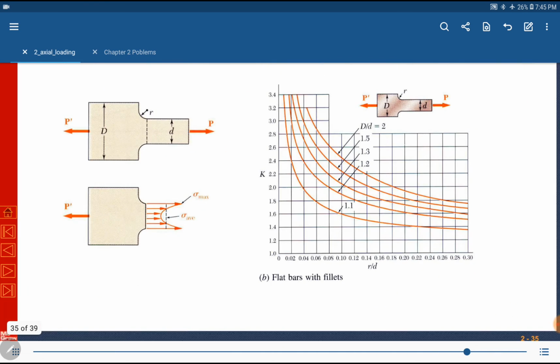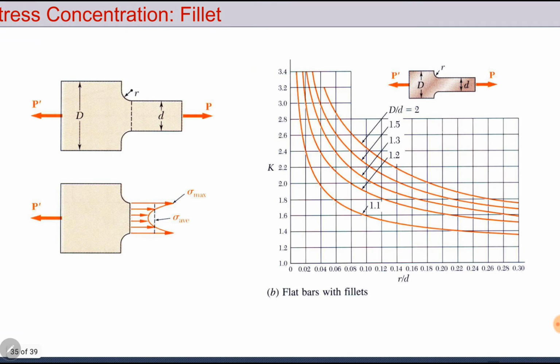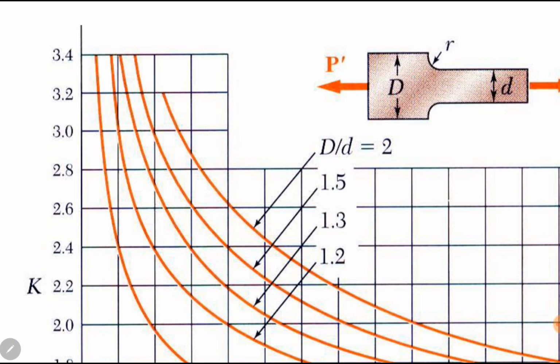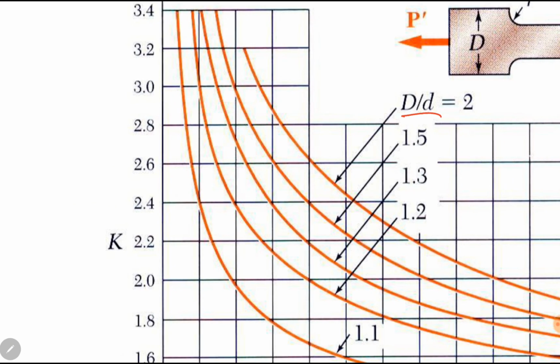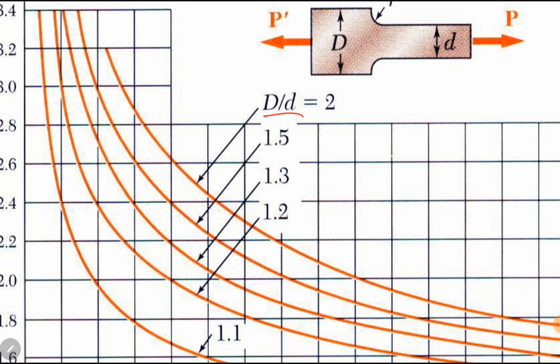For this case, we need the r by d ratio. Small r is the radius of the fillet. Small d is the width of the smaller portion. And then we need the D by d ratio. Capital D is the width of the greater width portion, and small d is again the smaller width portion.